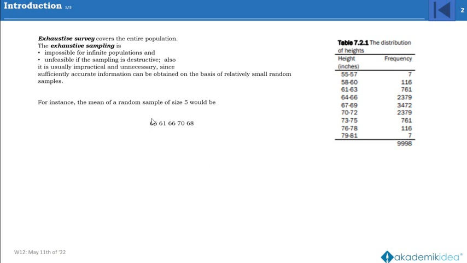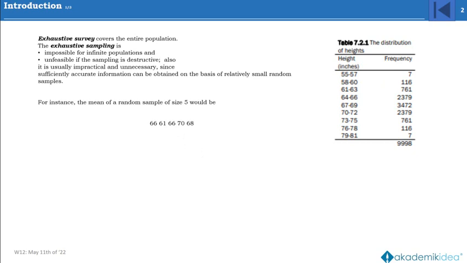We selected randomly 5 units out of a population, out of this exhaustive sampling, and found the sample mean as 66.2 inches.